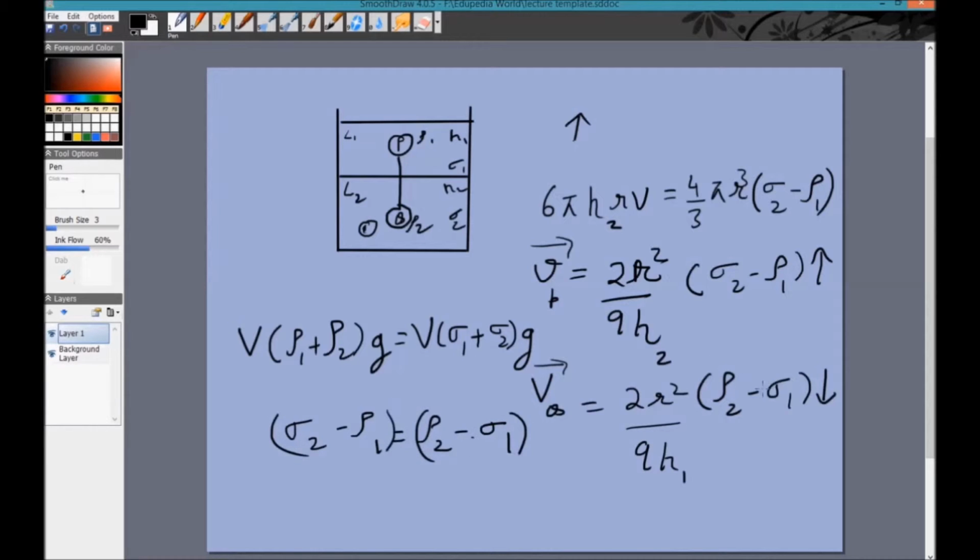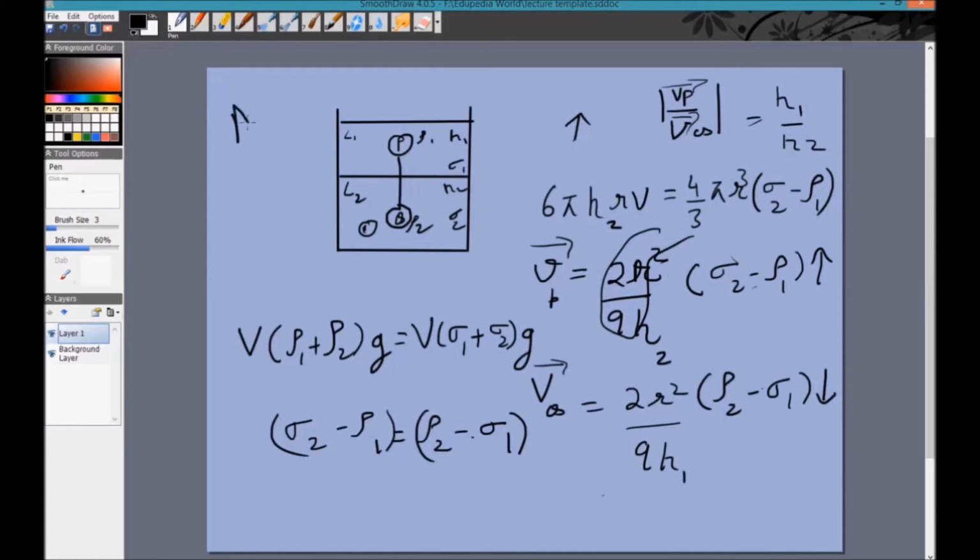And this equation means these two terms are equivalent. If those two terms are equivalent, then mod of Vp by mod of Vq will simply be eta 1 by eta 2, because these two terms are the same, we are talking about magnitudes, not the direction. 2r squared by 9 is completely same, so it will be eta 1 by eta 2.